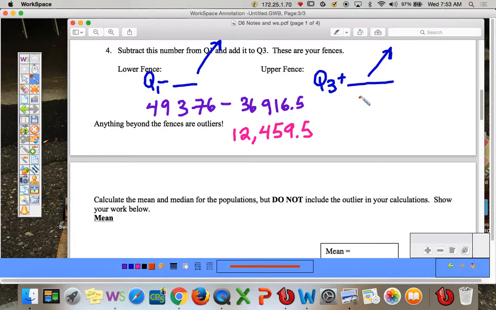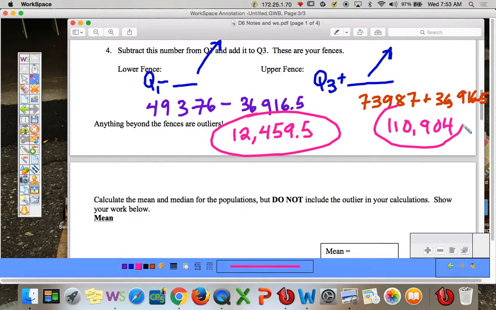The upper fence will be Q3, which was 73,987, plus 36,916.5. Added together, I got 110,904. So here's our lower fence, here's our upper fence, and we can see that Minneapolis is an outlier because it lies above 110,000.